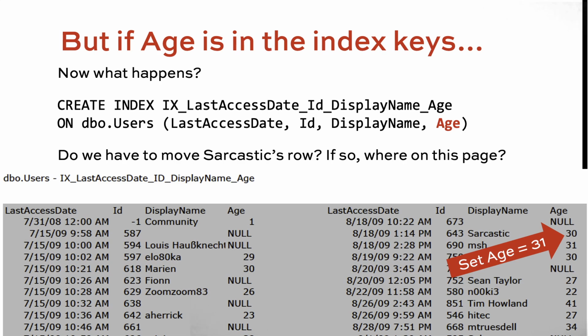I could change his age to 300 because this is very selective. This really determines where he lands. This is so close to unique, his display name could change. I could change him to Alpha, and it still doesn't change where he lives. I could change his ID. It still doesn't change where he lives.